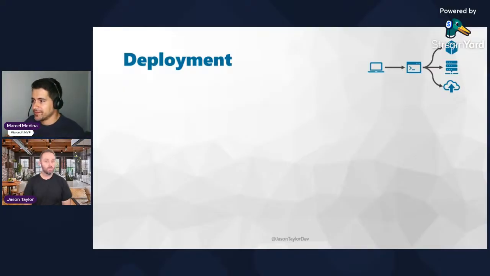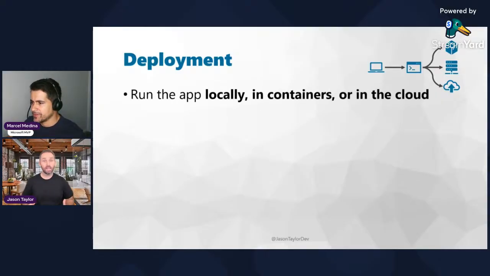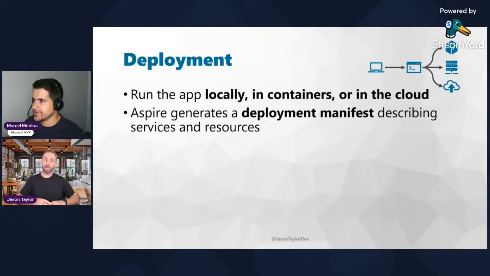So deployment: Aspire apps are flexible. The same app can run locally on your machine, in containers, or in the cloud. When you're ready to deploy, Aspire creates a deployment manifest which describes services and resources, the same services and resources that we've been defining inside of AppHost.